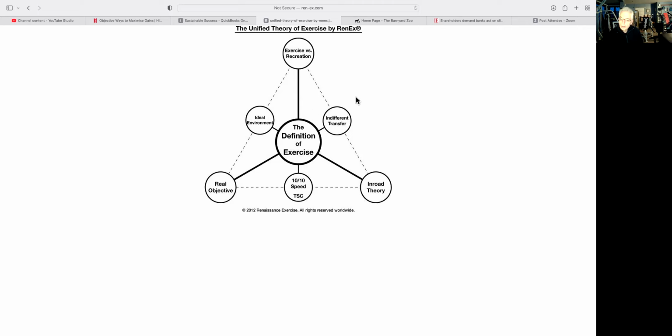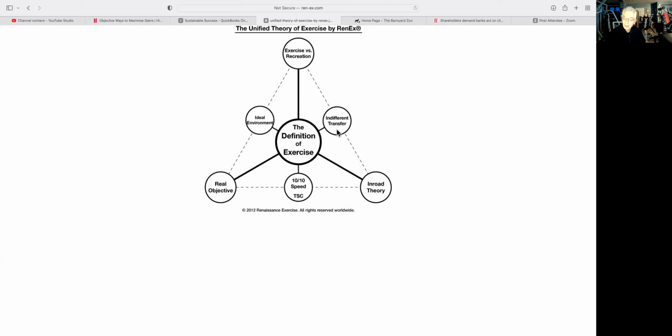Indifferent transfer has to do with skill acquisition and the idea of between skill acquisition and no skill acquisition. A lot of times people these days are doing exercise that mimics a sport movement, and this goes directly against skill transfer science. Skill transfer science says that if you want to practice a skill, you have to practice it as close to identical as you possibly can get, if not identical.